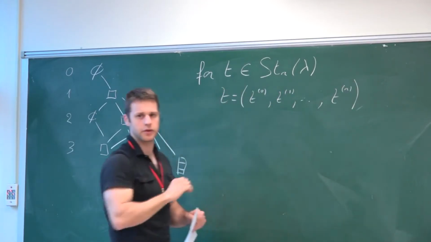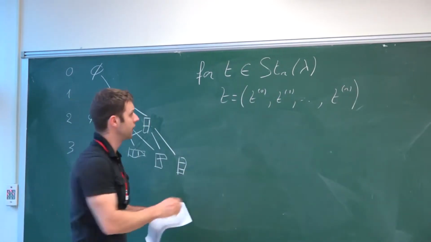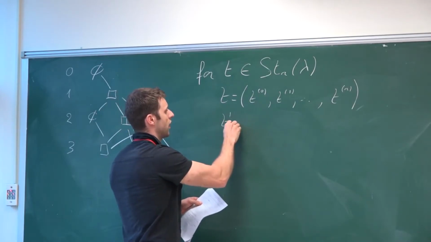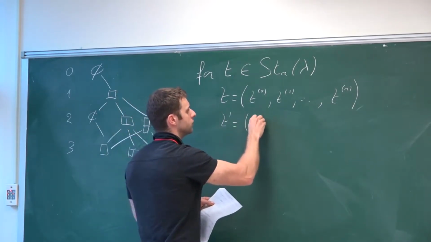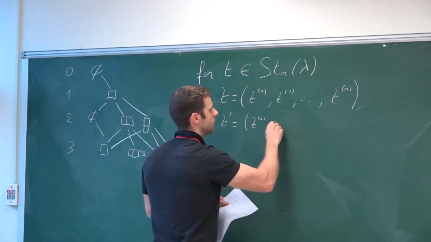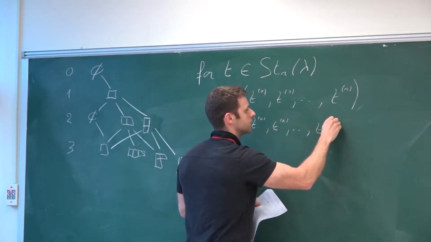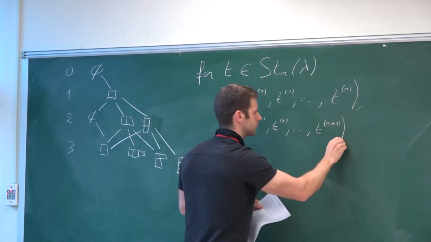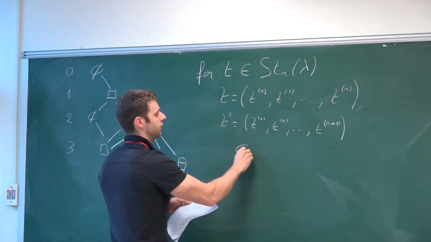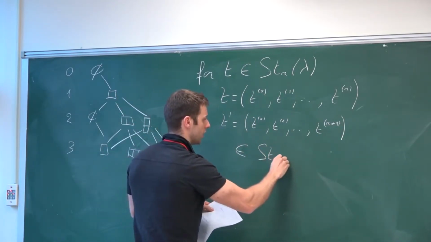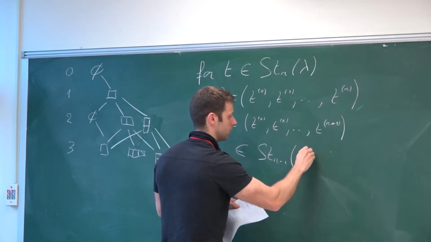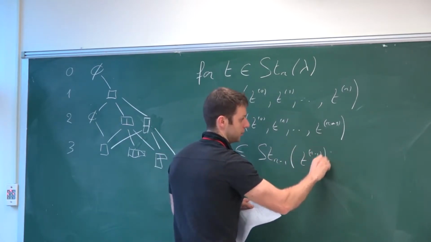So these are all just the partitions. And T prime is what I get if I remove the last partition in the sequence. So this is an element of S^T_{R-1}(T_{R-1}).